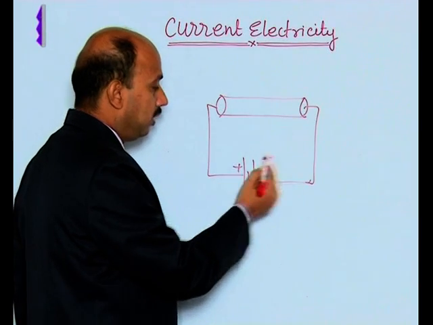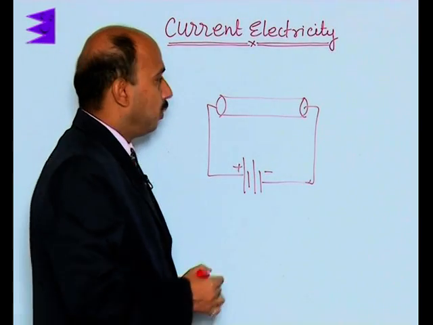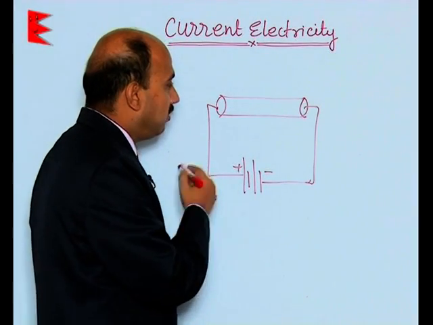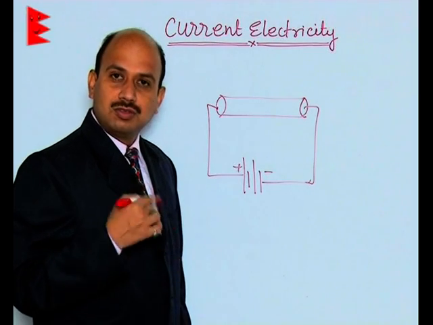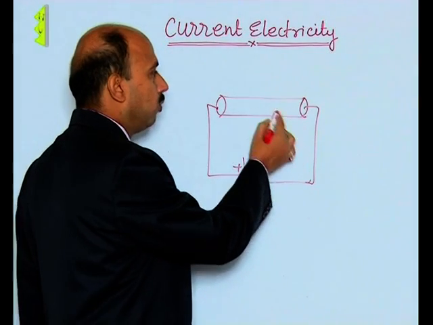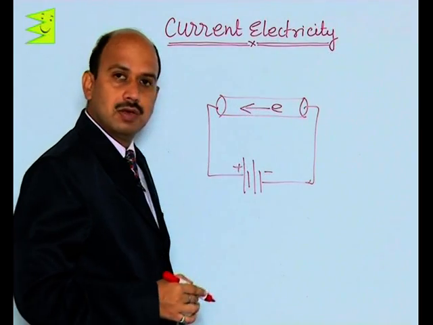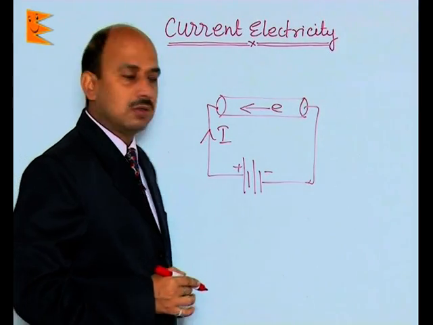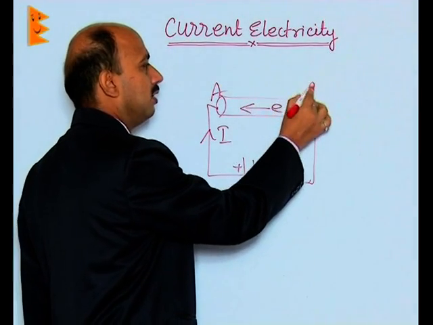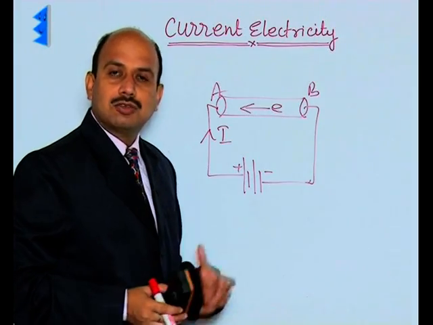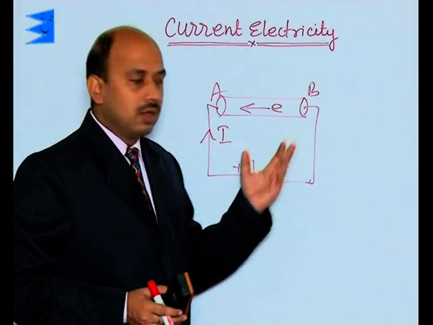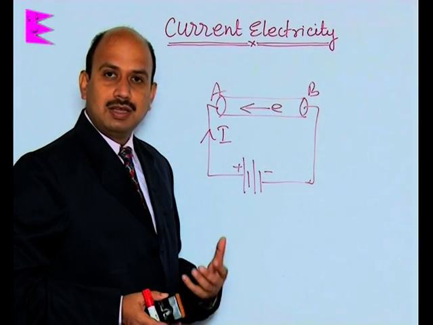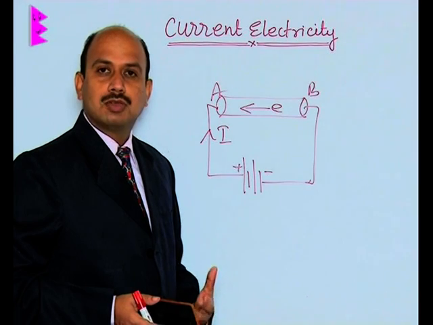When it is connected to the battery, a potential difference is maintained across the ends of the conductor, and due to this potential difference electrons start moving, from this negative side to the positive side. But the conventional direction of current is taken from positive to negative. If this end is A and this end is B, the conventional direction of current is from A to B, whereas electrons are moving from B to A. So the conventional direction of current is actually the direction of the flow of the positive charges.